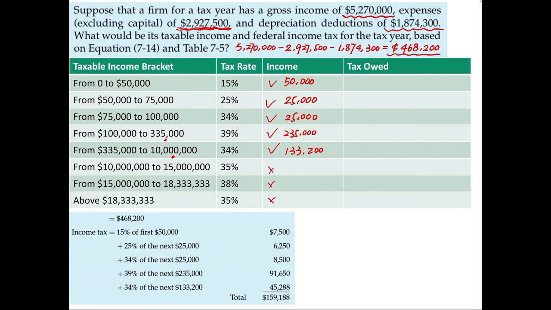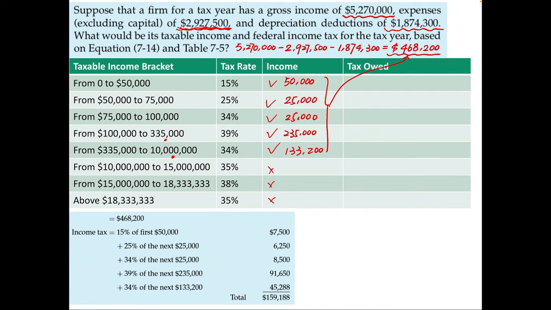Okay, so all these pieces sum up together, and you will have 468,200. So the sum of them will be the total taxable income. That's what I mean by slicing the total income into pieces, and you always want to slice them into 50,000, 25,000, the third 25,000, and the fourth 235,000, and so on.